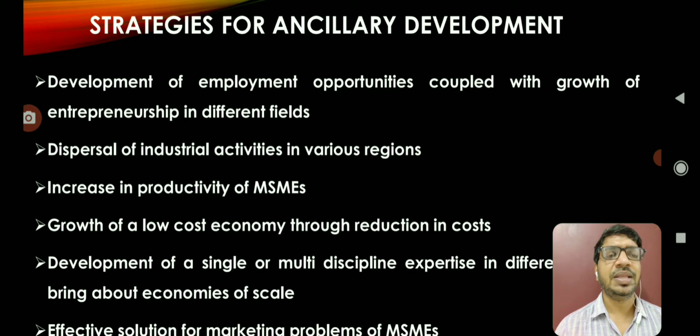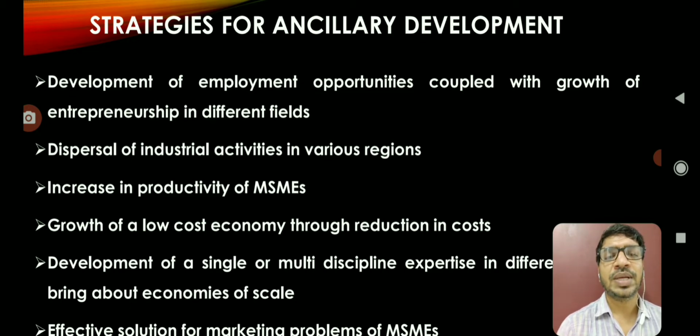Obviously, when there are a number of units and the demand for each unit is huge, productivity levels will be increased. Fourth one is growth of a low cost economy through reduction in cost. The size is small, hierarchy levels are small, cost of production would be small, economies of scale are possible through cost reduction techniques followed by the small units.